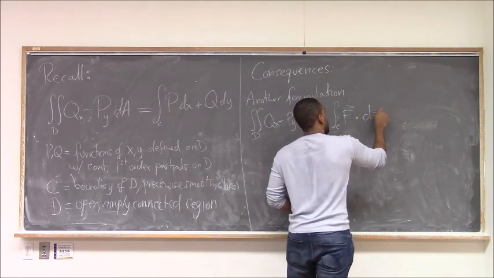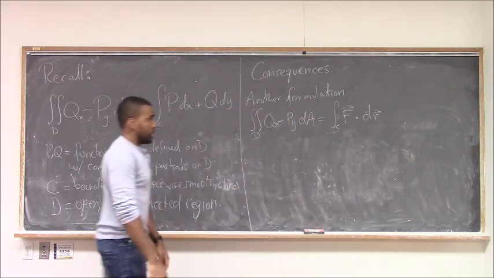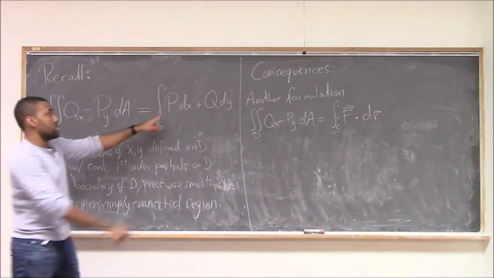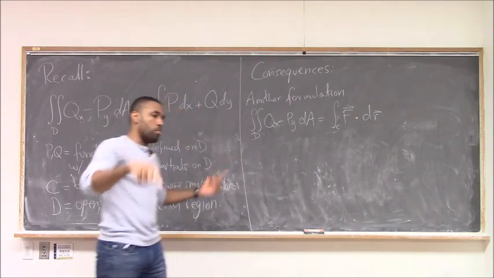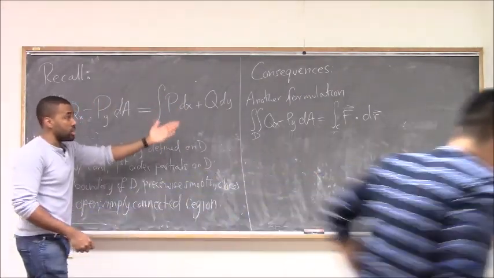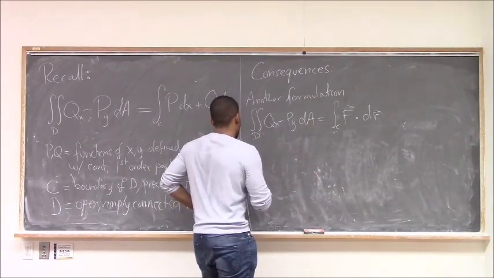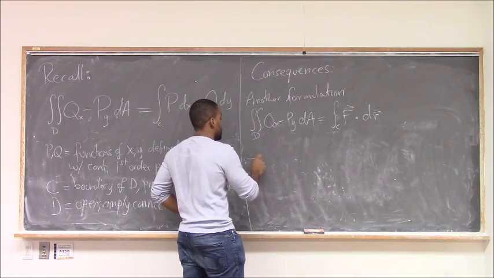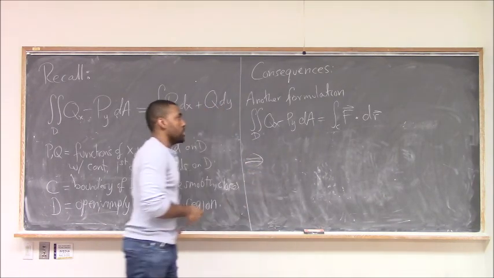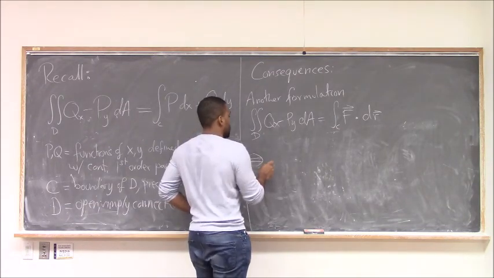You can think of the right side as a work integral, where your function F is the vector function with components P and Q. And if you multiply this out, you get the right side. So this means, let's assume that F is conservative.